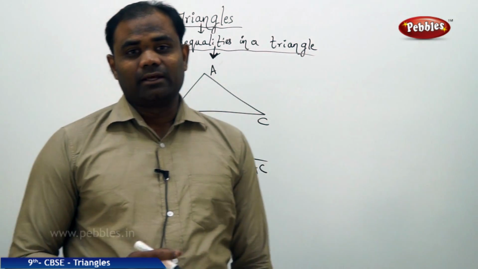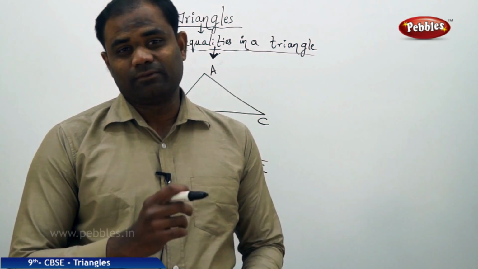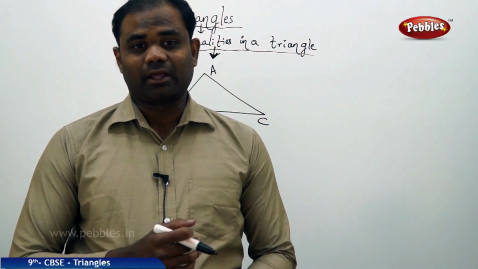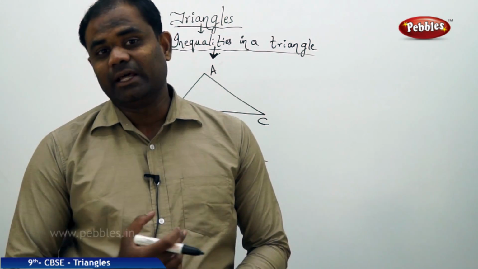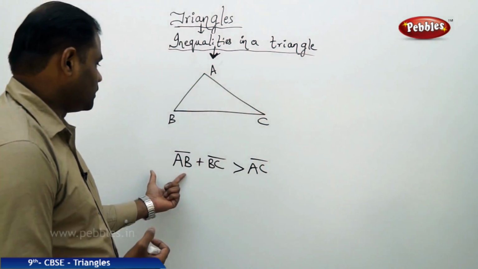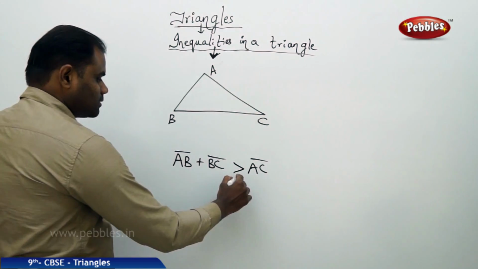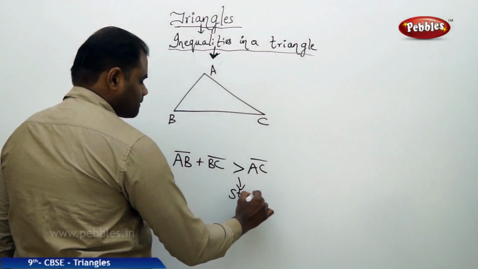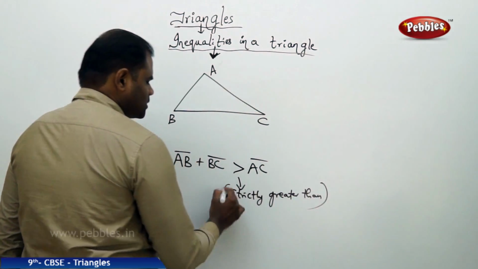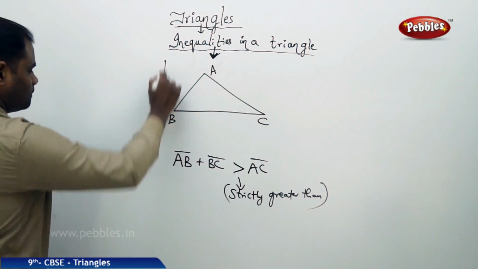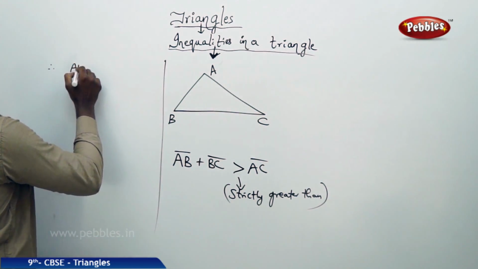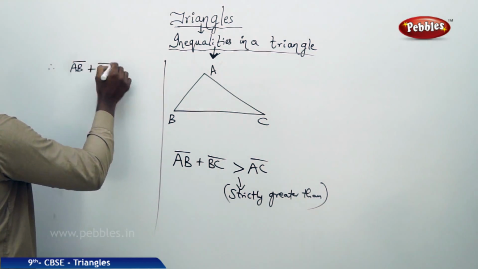Because for a closed three-sided figure to be formed, the sum of two sides of a triangle must be strictly greater than the third side.